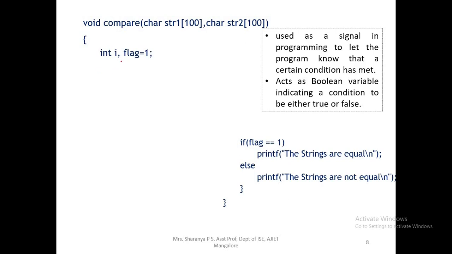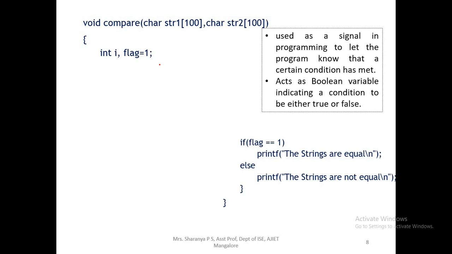Now coming to one special thing that we are using: a variable called flag, and this flag is of data type integer. What is this flag? It is normally used in C language to tell the program that a certain condition has been reached.